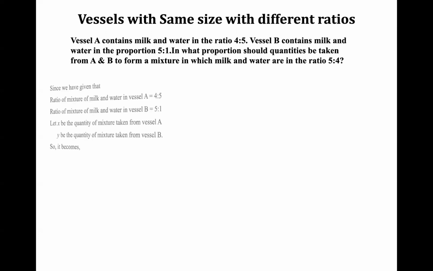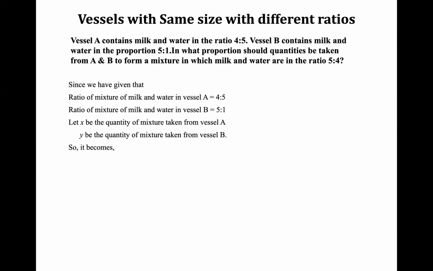So vessel A and vessel B are of different size. The ratio of milk and water in vessel A is 4 is to 5, whereas in vessel B it is 5 is to 1. Let us assume that we take X quantity from vessel A and Y quantity from vessel B.